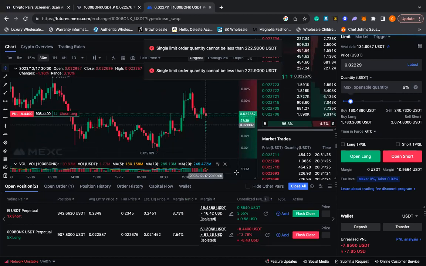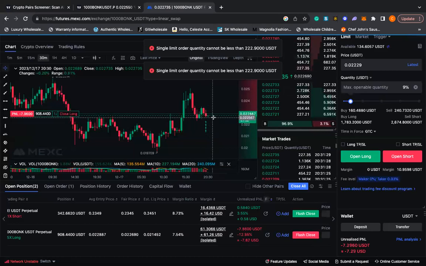There's my indication of where the market is going, and I see our market retracting back right here. So I'll put that second limit order in right there just to make sure.